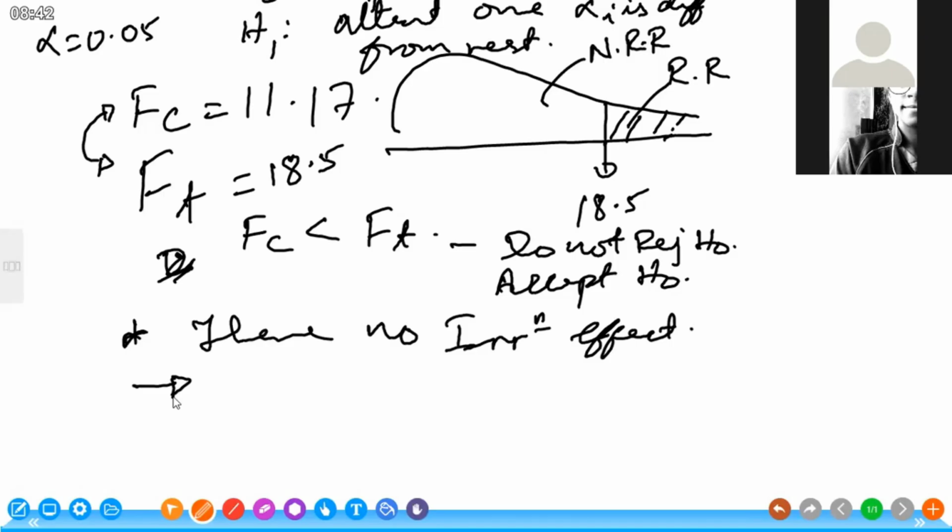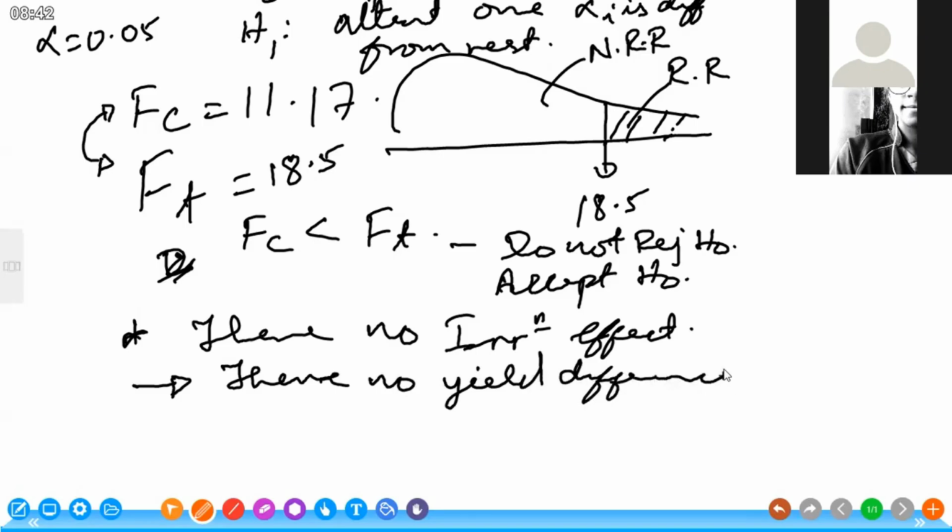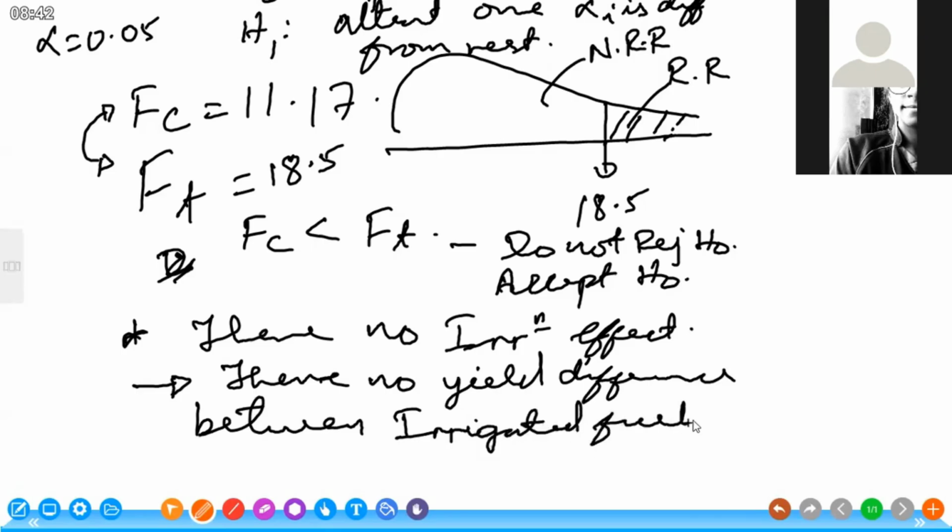Rain-fed and irrigated. So we could say there is no yield difference between the irrigated field and the rain-fed field.